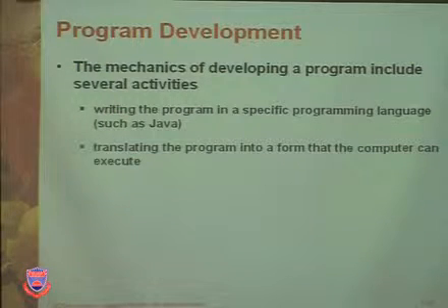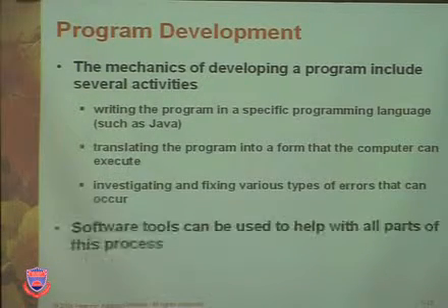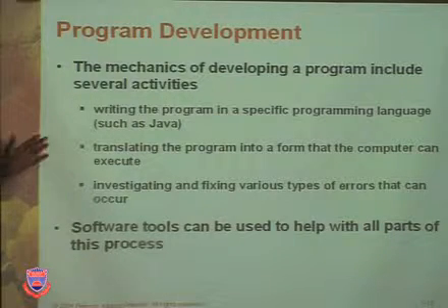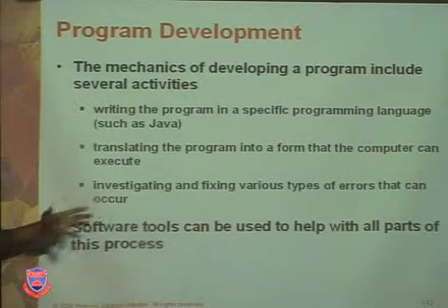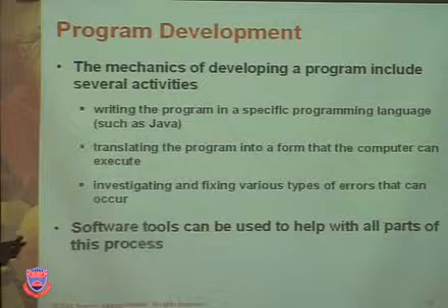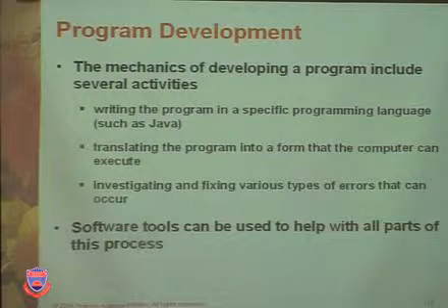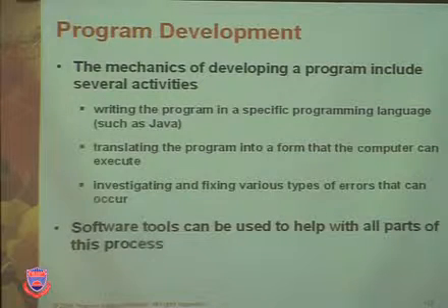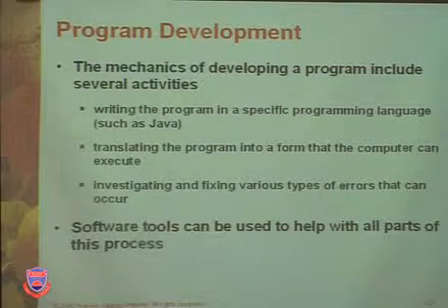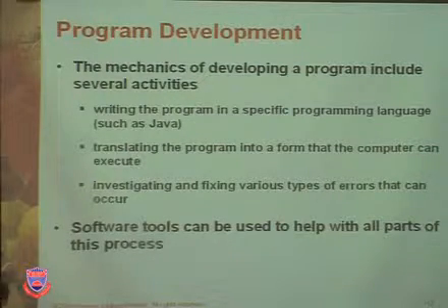So we have several program development stages. You have to first decide what kind of language or programming environment you're going to use to write your program. Once you select that, you're going to translate the idea that you have in mind to something that can execute in the computer. So once you have the idea, you have to decompose it into certain parts that are implementable by the computer or the software.